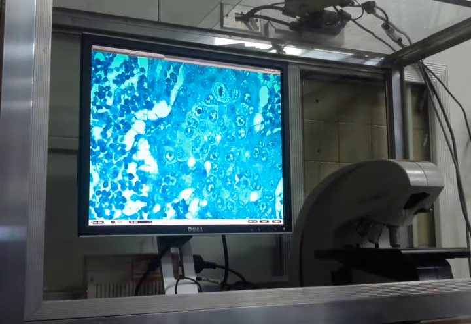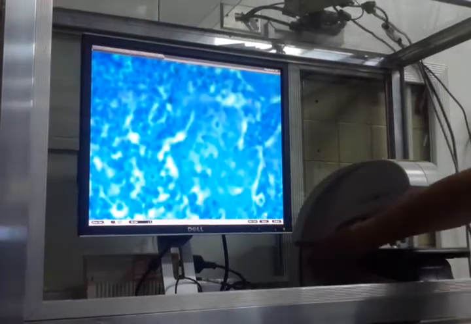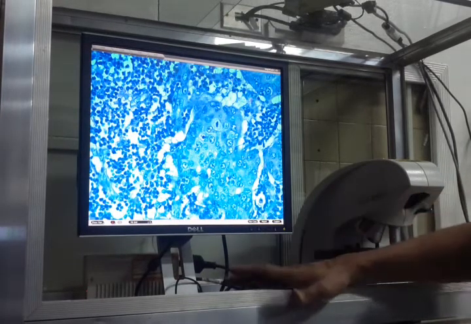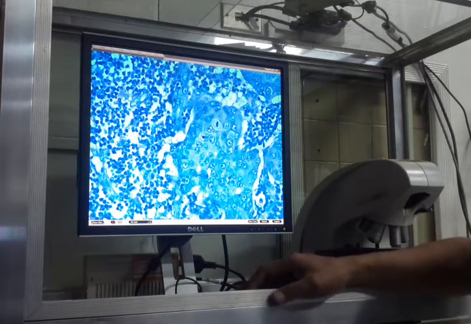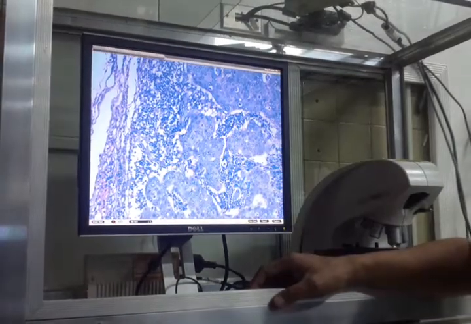Saan mo nakikita yun? Stratified squamous epithelium. Okay. The cytoplasm is eosinophilic enough, correct? It is ample in amount and it is eosinophilic. Saan ka nakakita ng maraming eosinophilic cytoplasm?